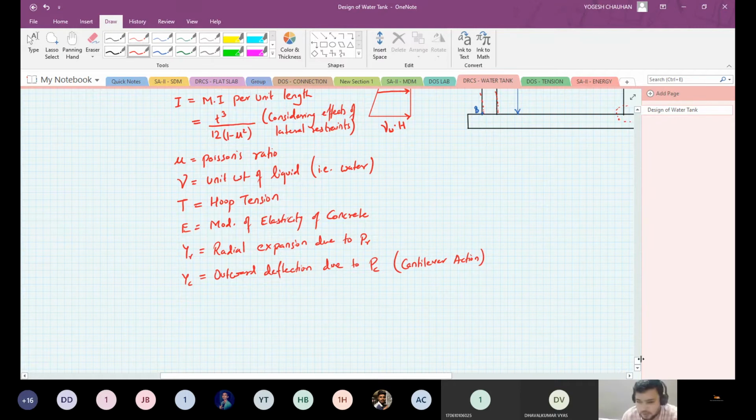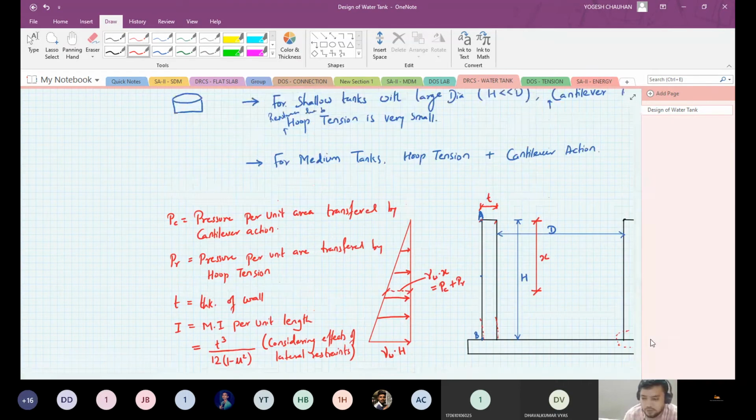With these terminologies, now let us derive the expression for the bending moment.